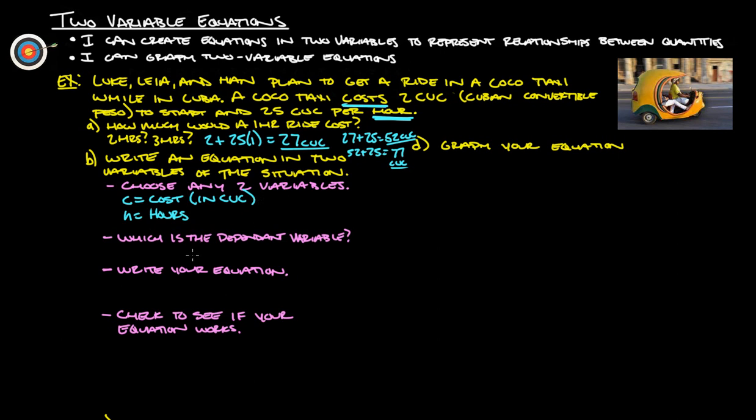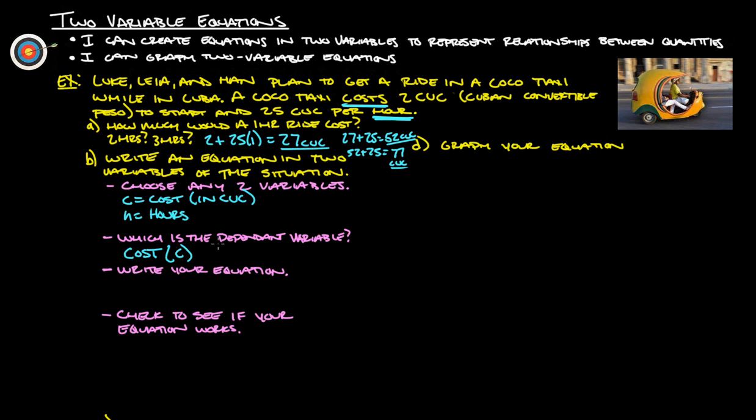Which is the dependent variable? Fairly important on this one to figure out which one the dependent is and which one's the independent. So the dependent variable basically depends on how many hours. The cost is going to depend on how many hours that you're riding. So the dependent variable is the cost, which in our case is C. Okay, so that one depends on the H for the hours.